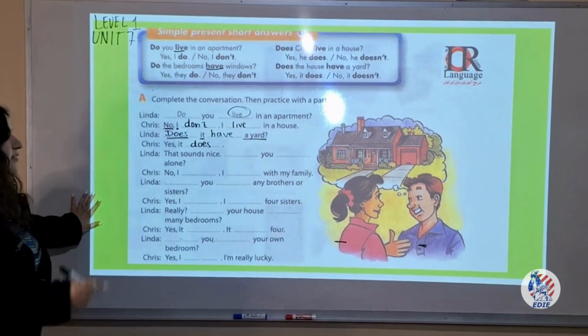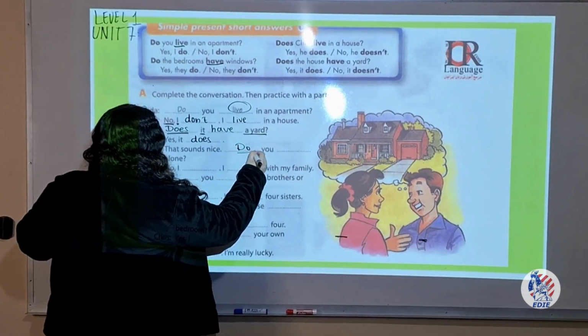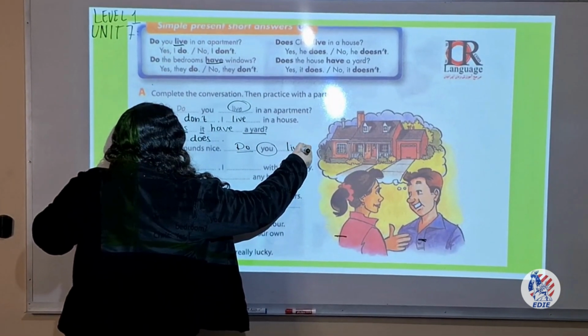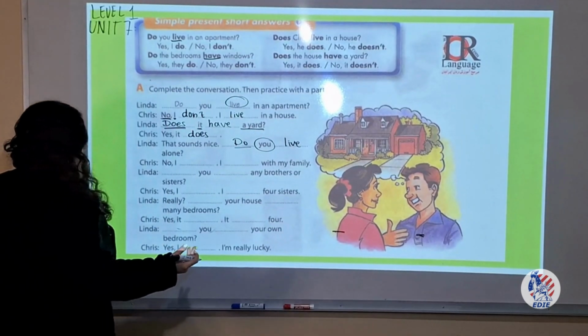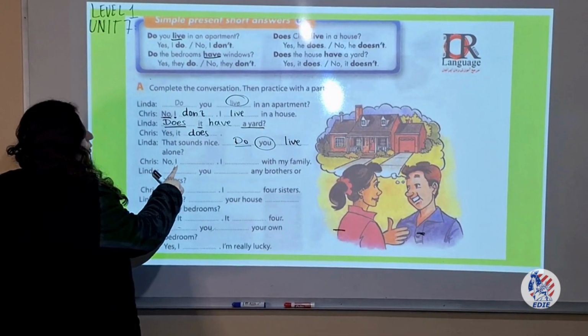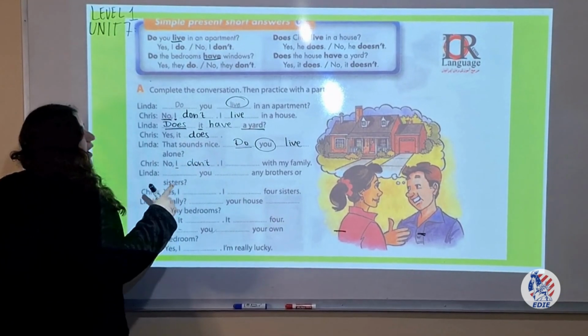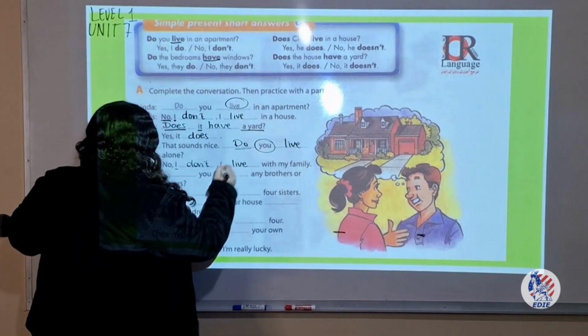Then Linda asks, that sounds nice. Do, we're going to use do because we have the pronoun you. And the question, live alone. Remember that we're asking about the living situation as well. Chris answers, no, I. And remember, if it's negative and we're talking about I, no, I don't. I live with my family.